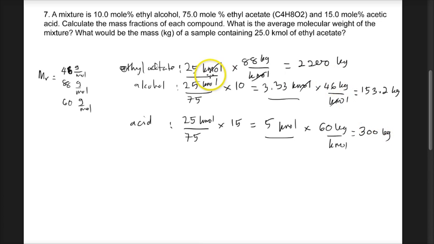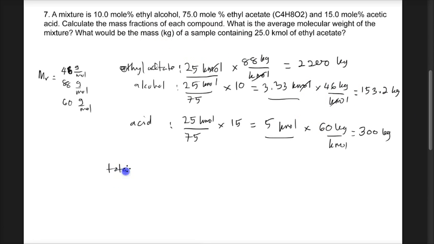Alright, so from here we already converted from mole to mass, so we're almost there. And what would be the mass of the sample? The mass of the sample means the total mass of the mixture.